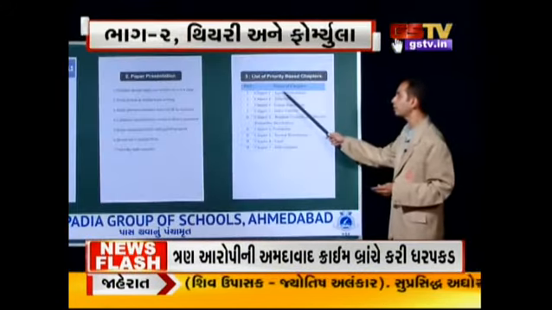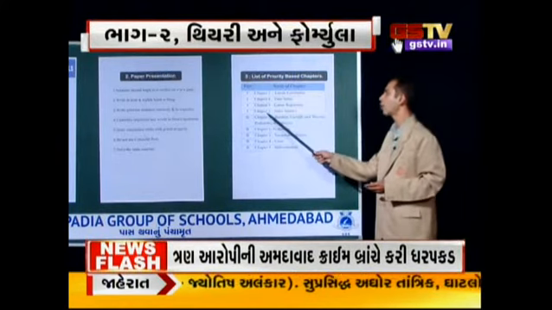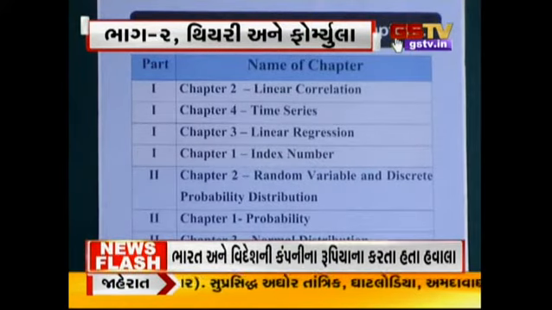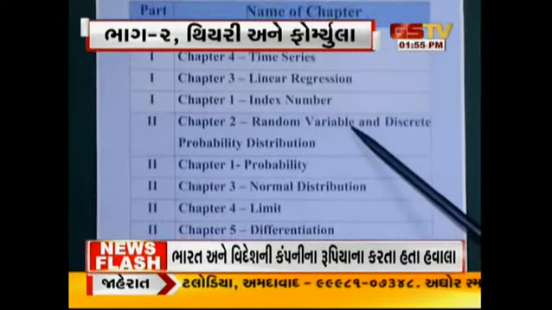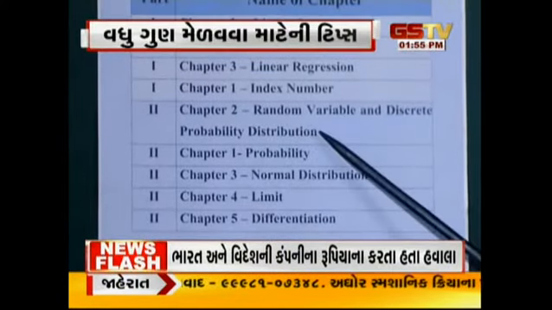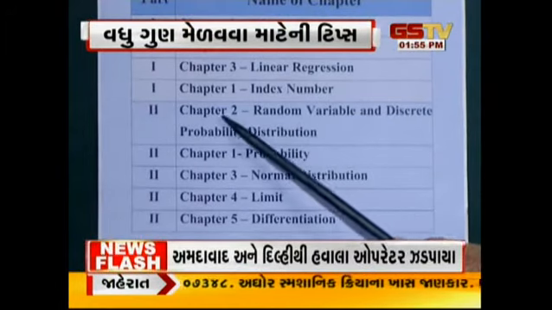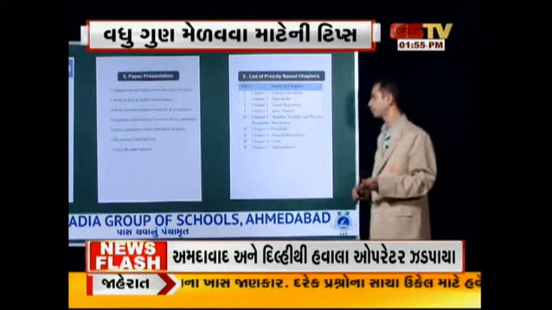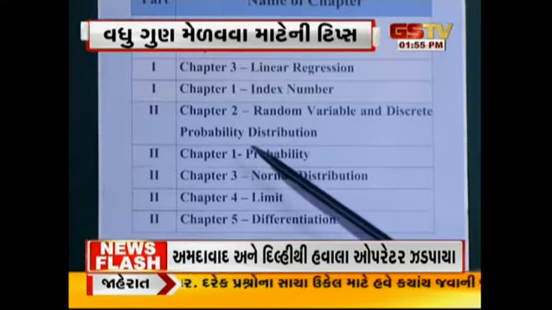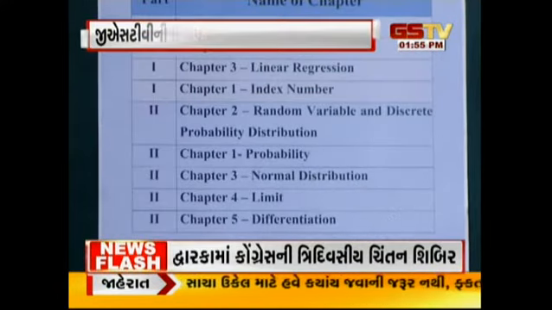And after completing these 3 chapters, you can go for chapter 1 index number. Now from part 2, first you go for random variable and discrete probability distribution. Here you can put more focus on the sums of binomial probability distribution. Then after, go for chapter 1 probability.